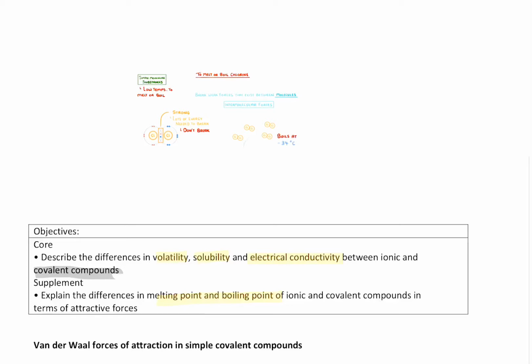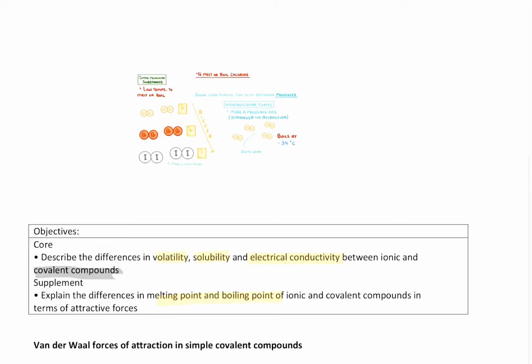Although these intermolecular forces are individually quite weak, the more of them that a molecule has, the stronger the overall attraction is going to be. For example, let's compare the halogens, chlorine, bromine, and iodine. Because we're going down the group, the atoms and thus molecules are getting bigger, so there'll be more intermolecular forces between them.